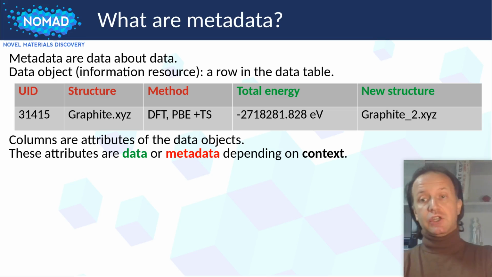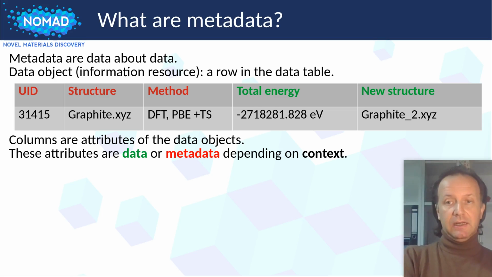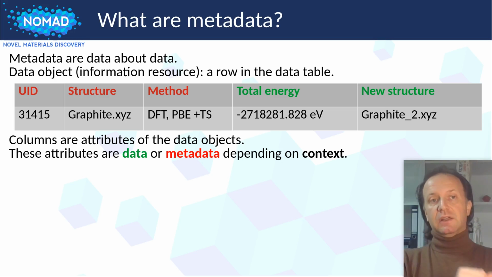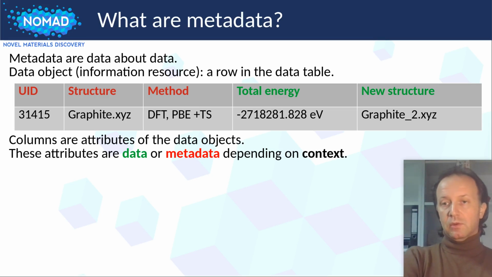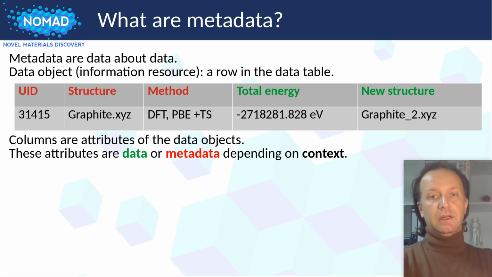This shows that something that looks similar can be metadata or data depending on the specific context. For this specific data object, graphite.xyz is the metadata, and the data, what is calculated, is graphite_2, but this graphite_2 can be metadata to another calculation, so then to another data object.